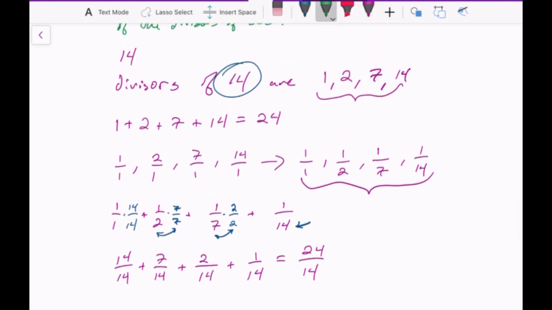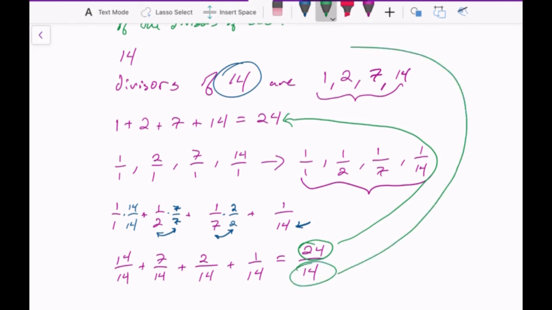What is interesting about this is that the top number is the same as the sum of the divisors, and the bottom number is the same as the number I started with.